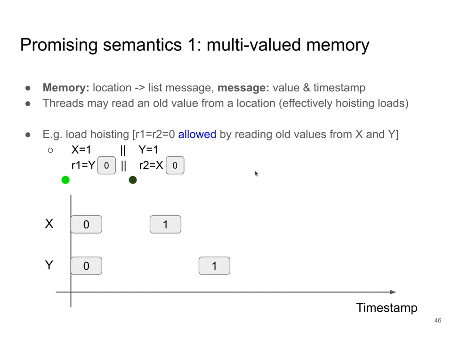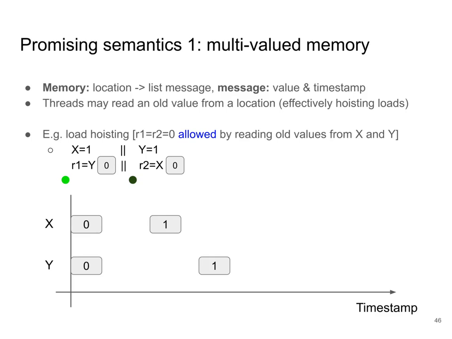Similarly, we can read from x in the right thread because 0 is there. Even though there is a latest message that is more recent than the value 0, that's okay. We are anyway going to read 0 from the memory. Even if it is old, it is there in the memory, so we can read it.